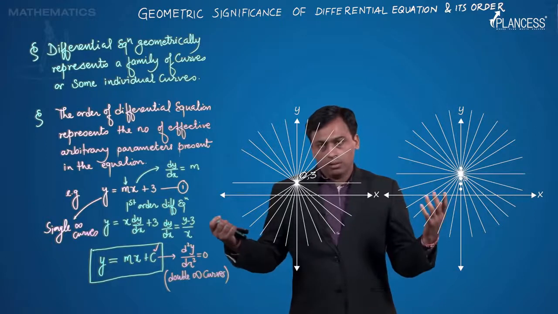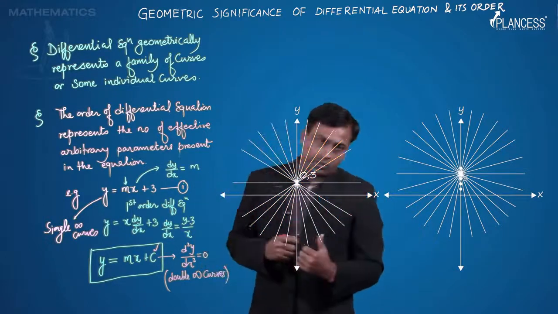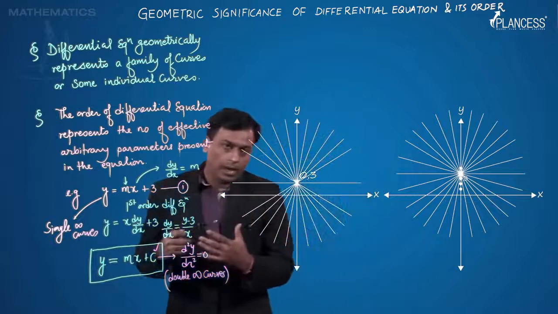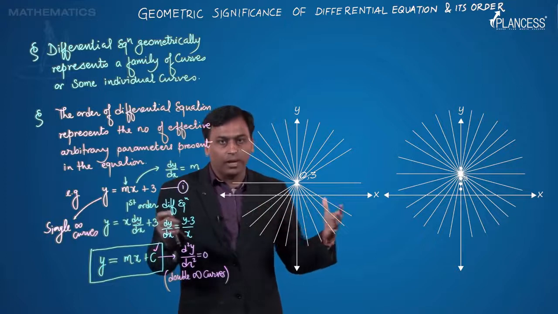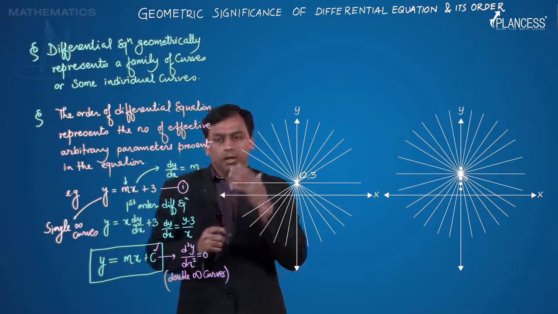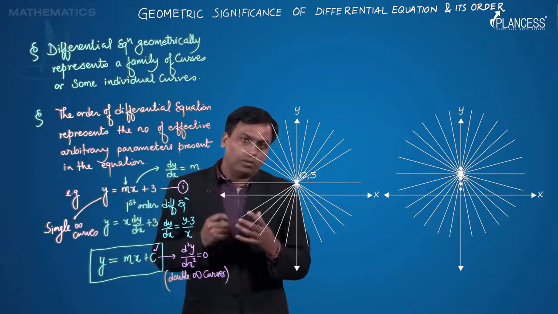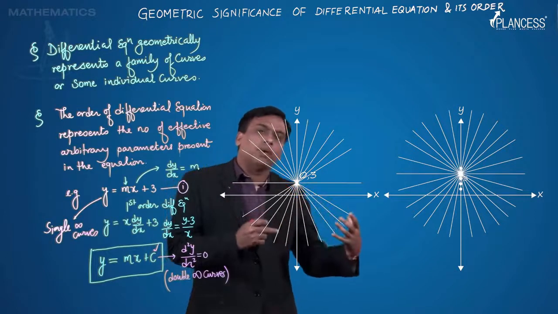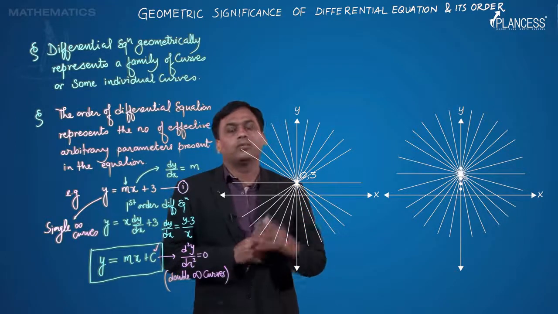Therefore you can understand that as the order of the differential equation increases, that many times the infinite number of curves get clubbed together. So if we take a third order differential equation, when it plots all its members, it represents infinity cube number of curves on the xy plane.